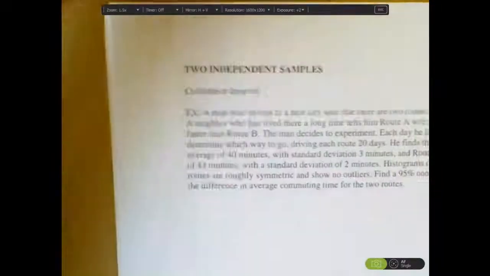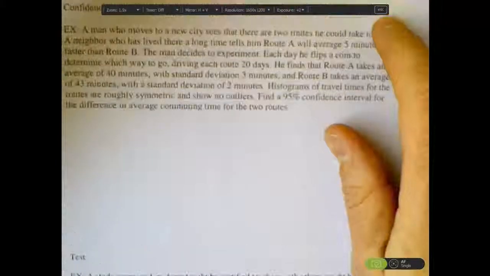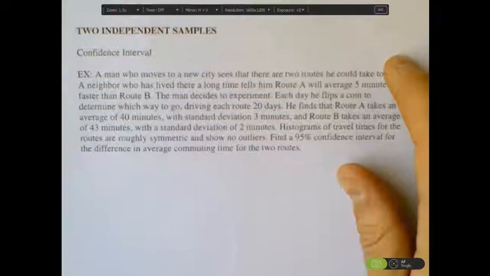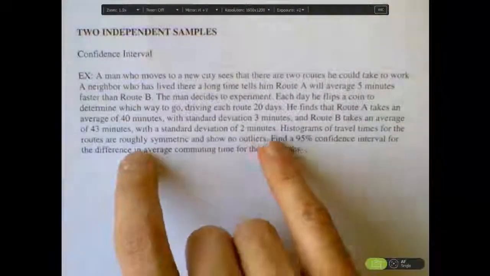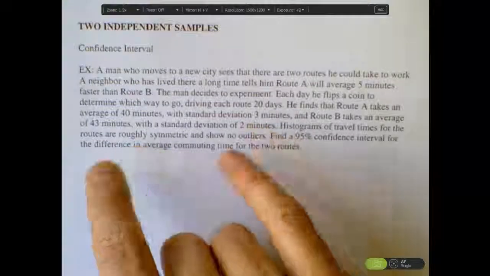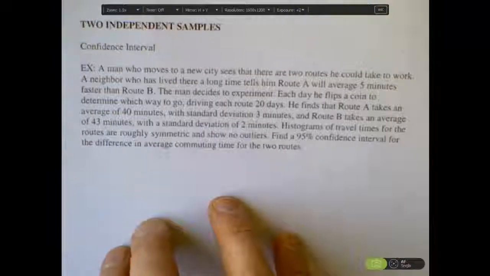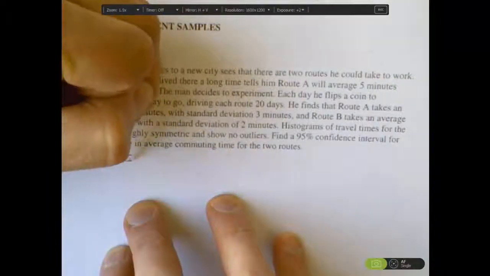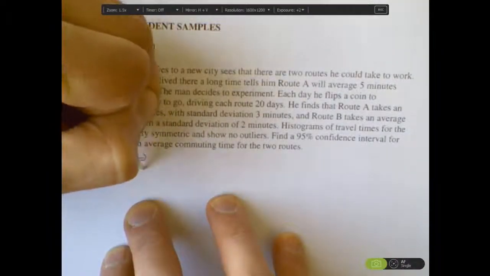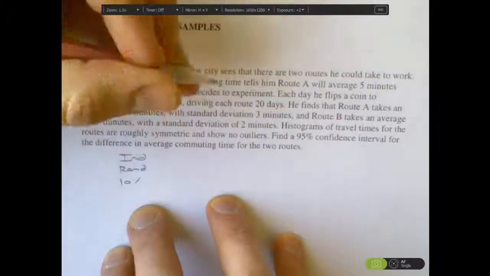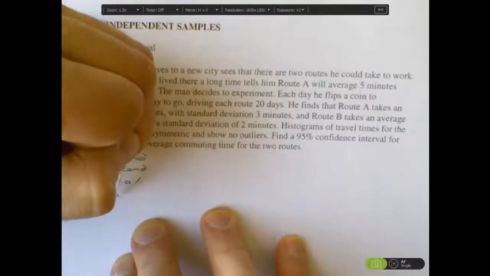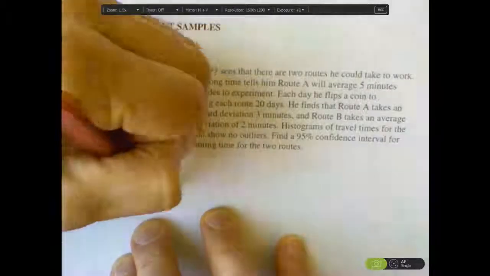Okay, let's look at two sample tests and confidence intervals. So assuming we have two independent random samples, again, it's dealing with quantitative data. I have minutes. I have two groups. I have two samples, route A and route B. So the conditions I'm going to check are independent, random, 10% for each sample, nearly normal for each sample.